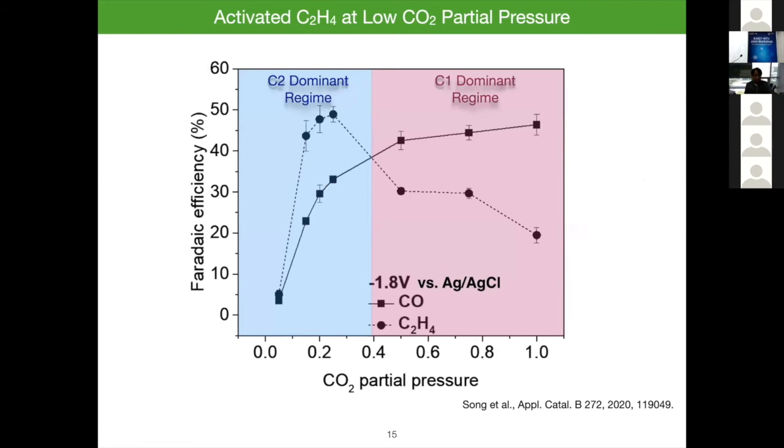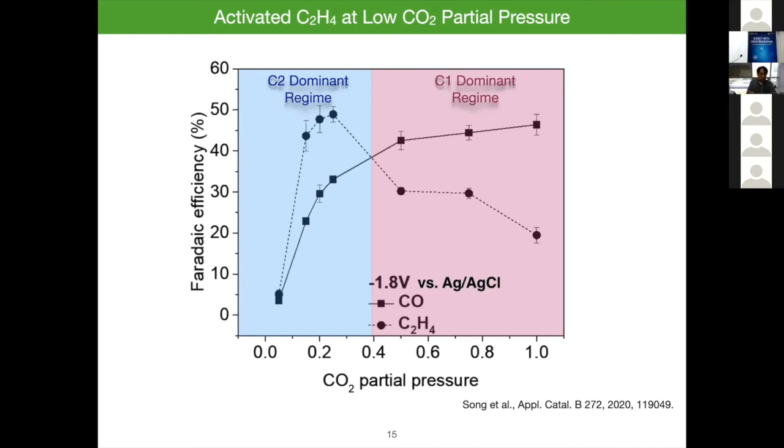And after testing, we find very interesting behavior. So this shows the partial pressure dependence of the Faradaic efficiency. If you look here, we only compare the Faradaic efficiency of CO and ethylene. If you look at the CO, which is the square symbol, with increasing CO2 partial pressure, with increasing CO2 surface coverage, initially the CO Faradaic selectivity increases, and then it saturates, right?